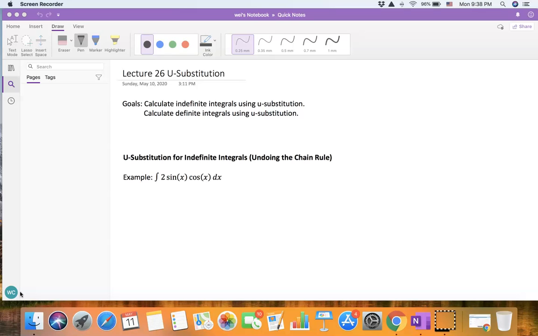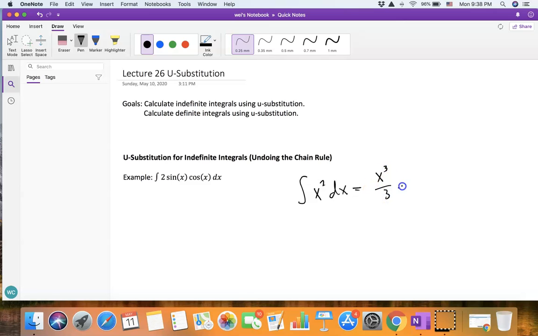Now, in the previous study, we have seen that for some functions, we can find the antiderivative by using the power rule. And those functions are very, very simple. Like we know that the integral of x squared dx is x to the third over 3 plus a constant.